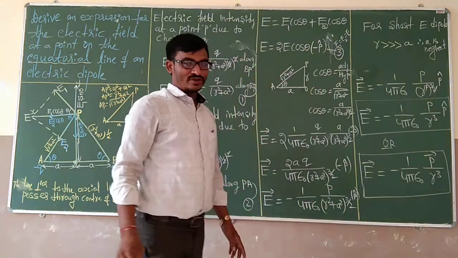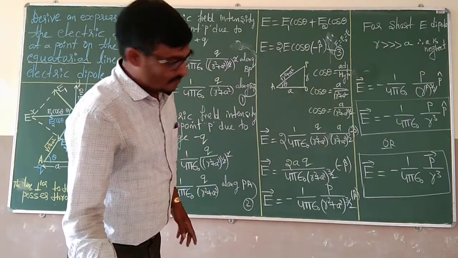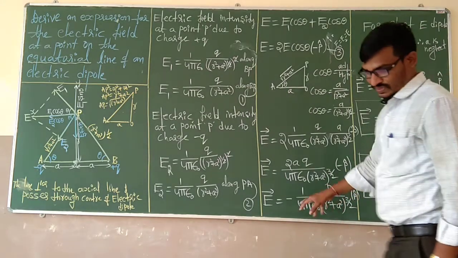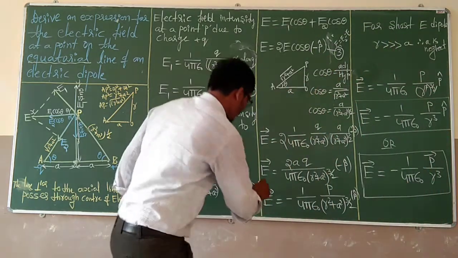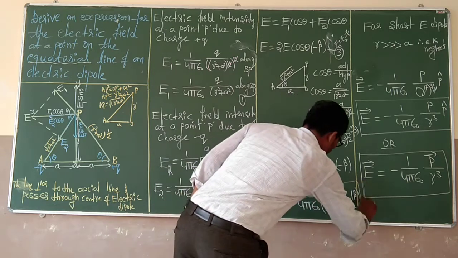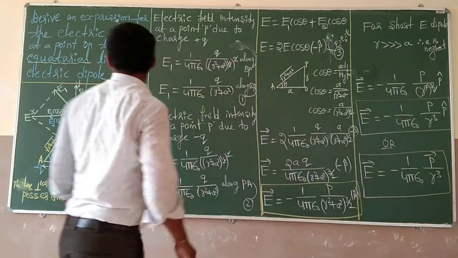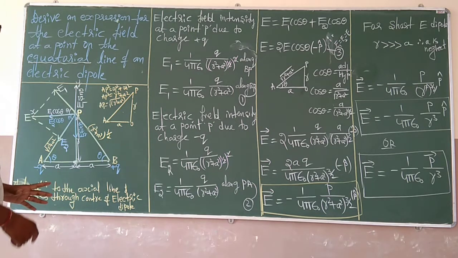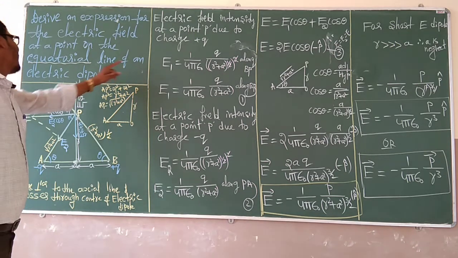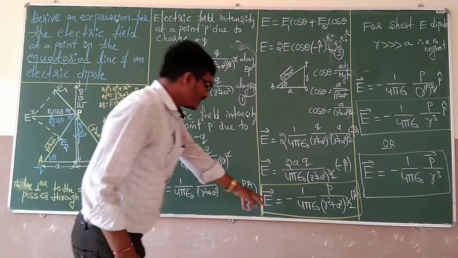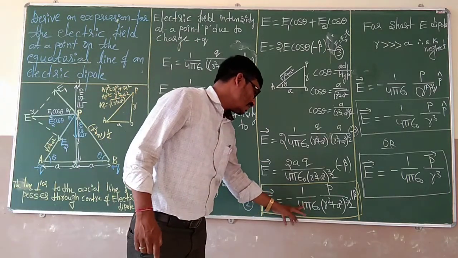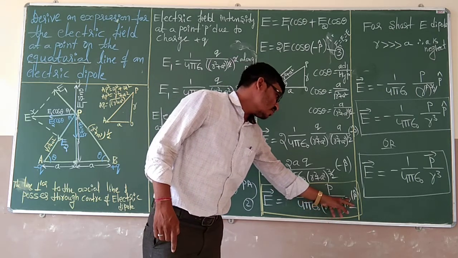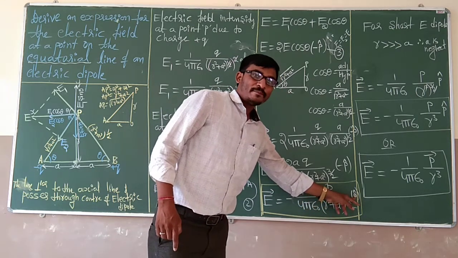Dear students, you have to remember that for 5 marks it is enough to write up to here. If they ask for 5 marks, derive the expression for electric field at a point on the equatorial line of an electric dipole. Its answer is E vector is equal to minus 1 divided by 4 pi epsilon naught, P divided by (R square plus A square) whole to the power 3 by 2, into P cap.